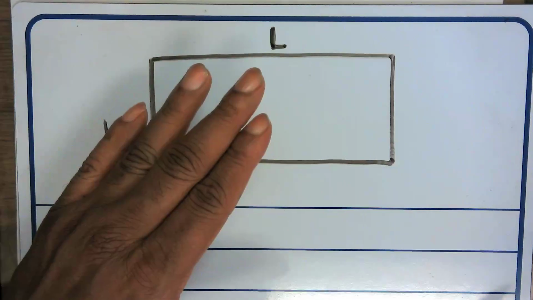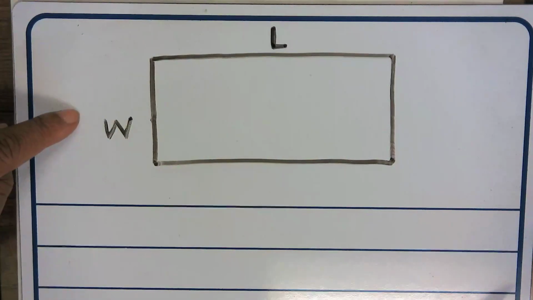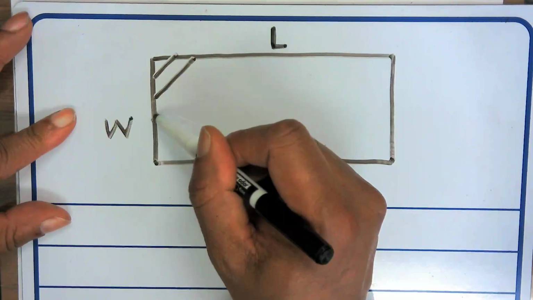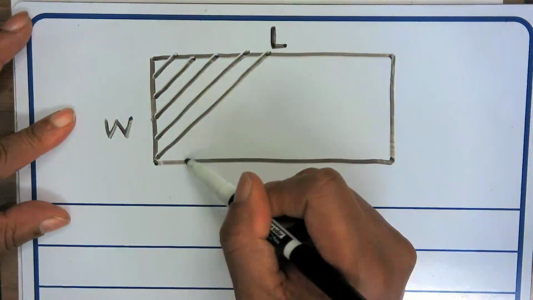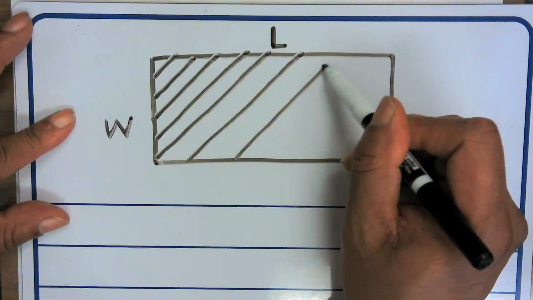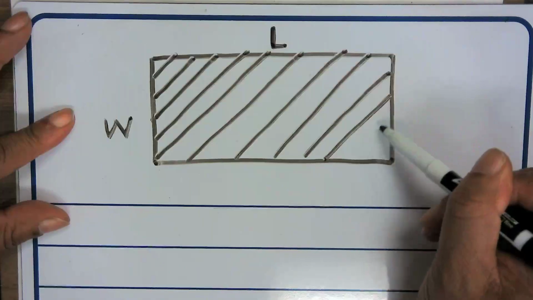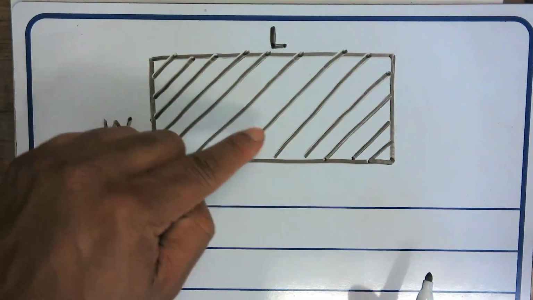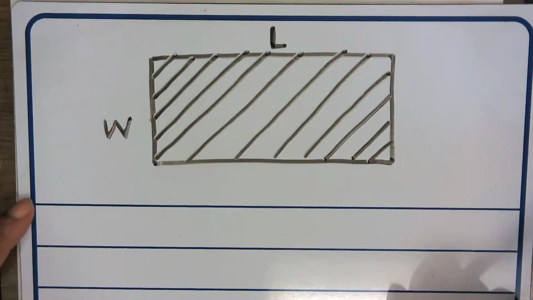And when you find the product of length and width, it tells you how much space is inside a closed figure. Now notice, I have represented this area inside of the figure.